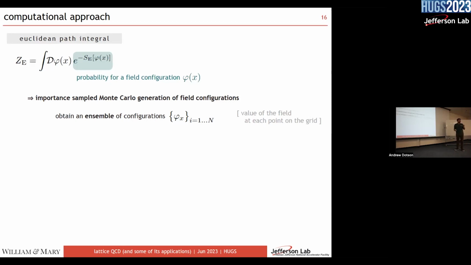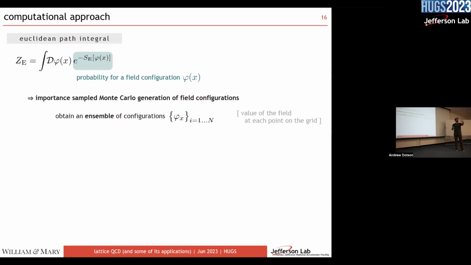Rather than just completely randomly generating field configurations, if you can generate them according to this probability distribution, then you will do what's called importance sampled Monte Carlo, which is to say that those field configurations that have the largest value of this probability will appear more often than the field configurations which have small value of this probability, by definition of drawing them from this probability distribution.